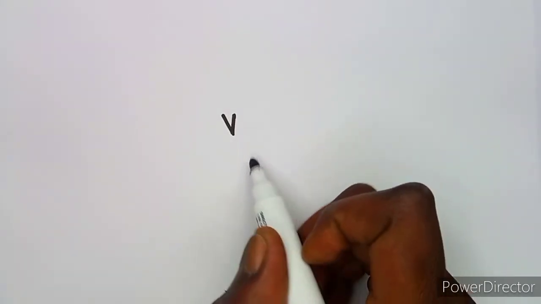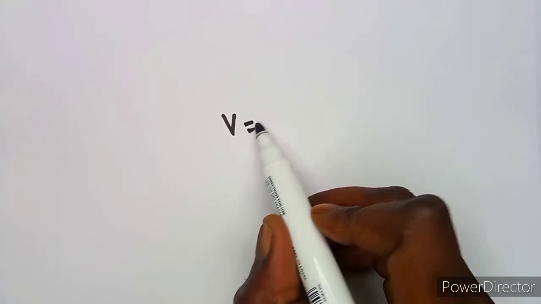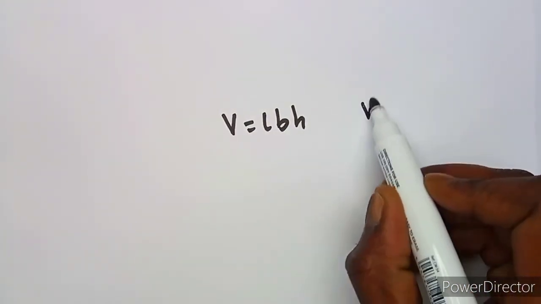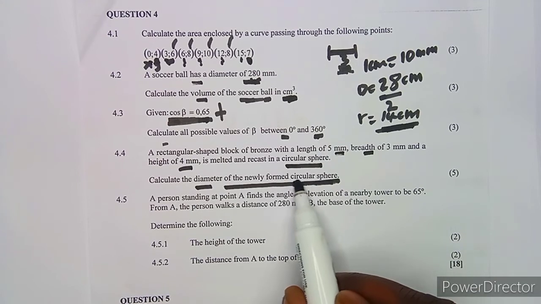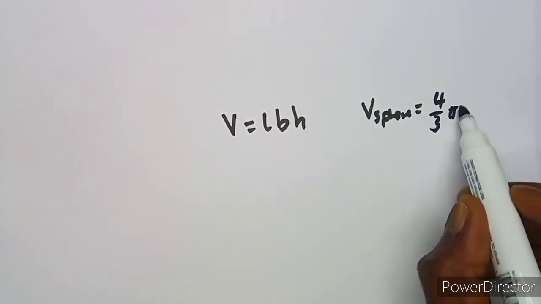So the volume of the rectangular block is equivalent to LBH, and the volume of a sphere is 4 over 3 pi r cubed.